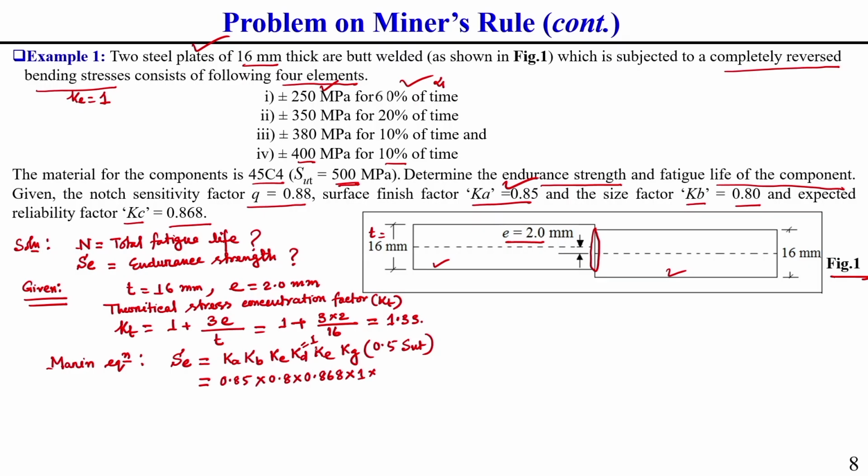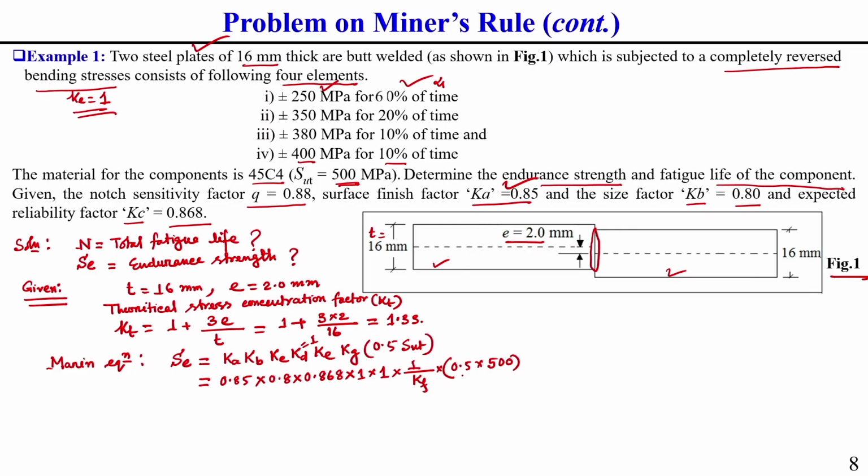Ke is the load factor; as it is reversed bending stress to which this welded joint is subjected, Ke is also 1. But Kg should be equal to 1 by Kf. The ultimate strength is given as 500 MPa.